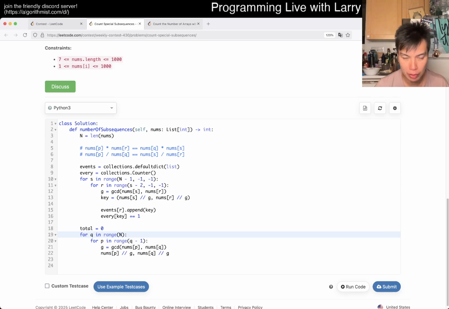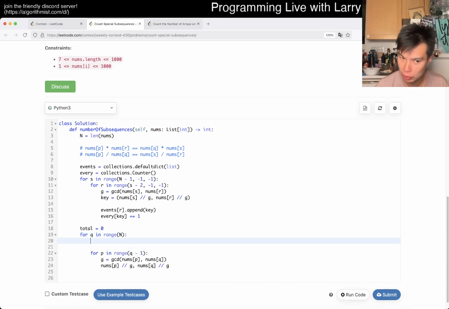So then now for every time we process a q, we want to say for all in events sub q, we want to say q is no good. Yeah, we want to create q and q plus 1, right?